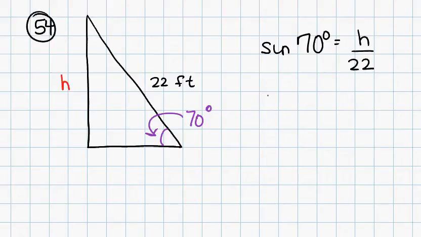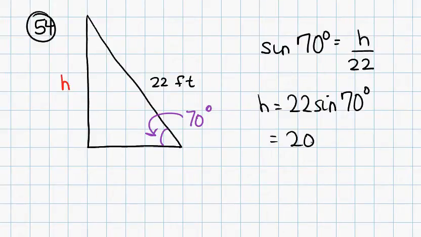Solve for h. 22 sine 70 degrees should come out to 20.67 feet. Note we are in degrees. Make sure that your calculators are in degrees as well.